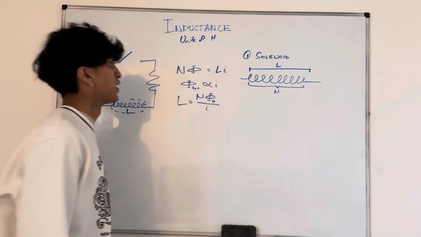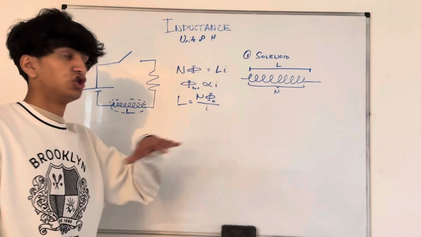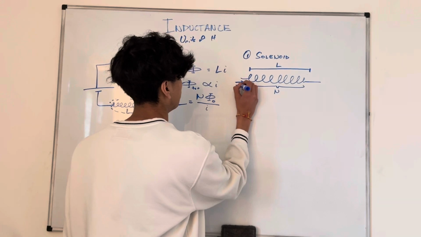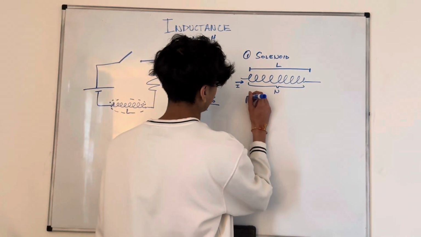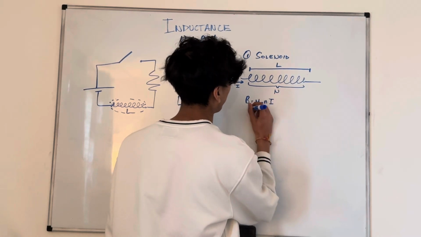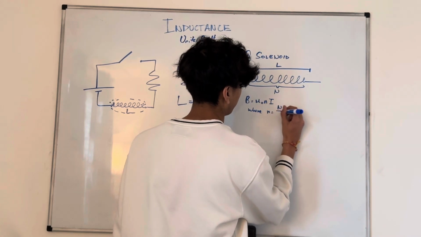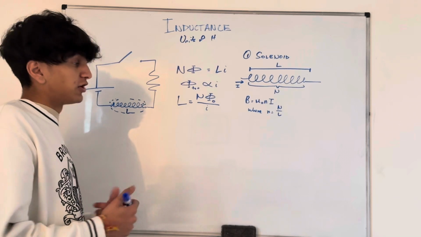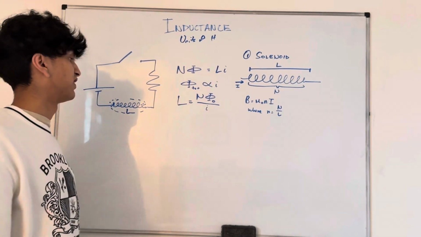We can use Ampere's law to show that, if there's a certain amount of current going through this thing, the magnetic field is equal to mu naught n times I, where n equals N over L, the turns per unit length. That's pretty cool. Now I can plug that back into the L equation.